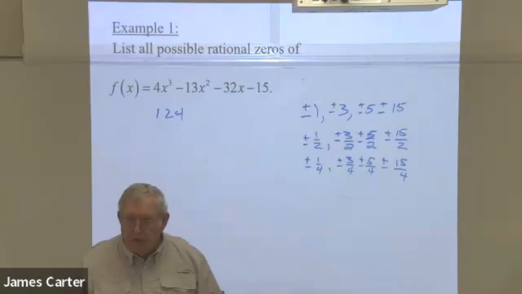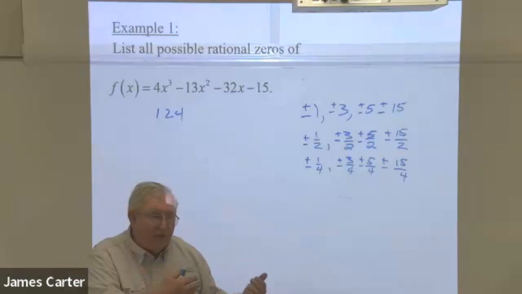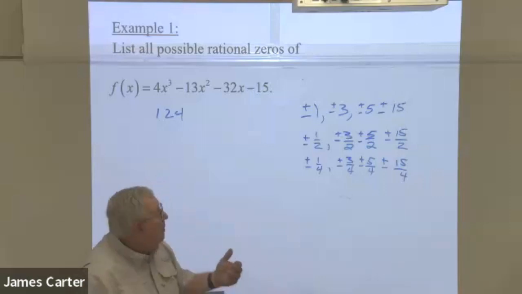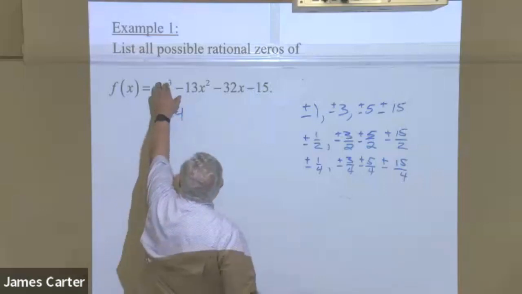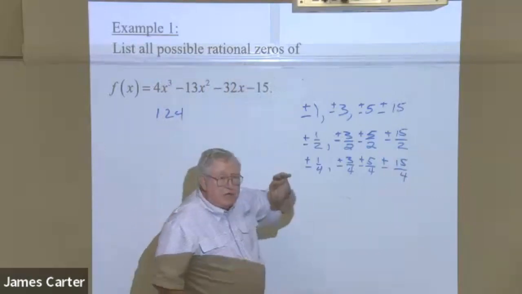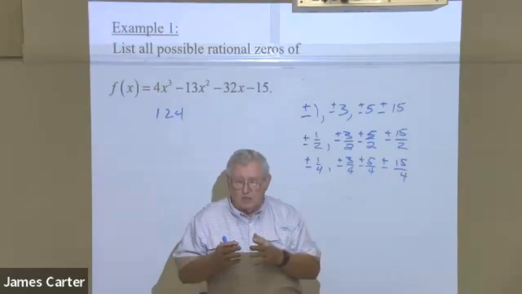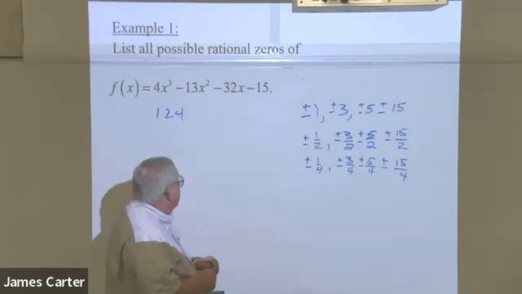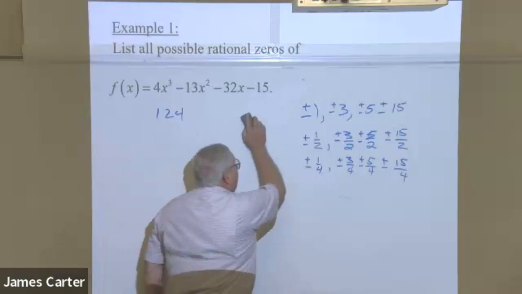Does that guarantee the problem will work? No, you could have an imaginary zero. But this rule just covers the rational zeros, which are the real ones. So that's what this rule is about and how it works.